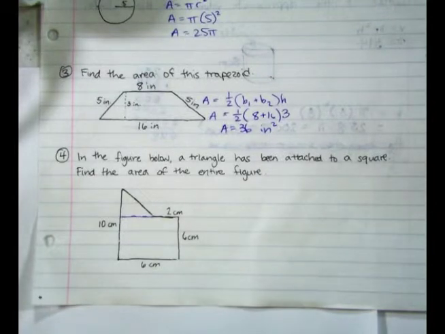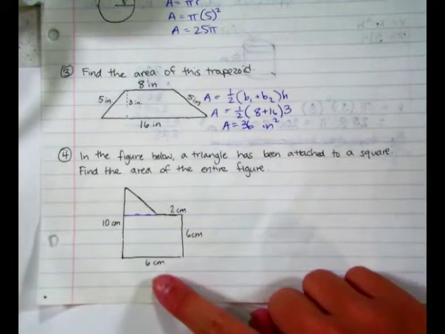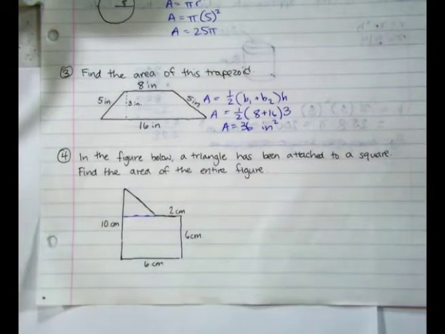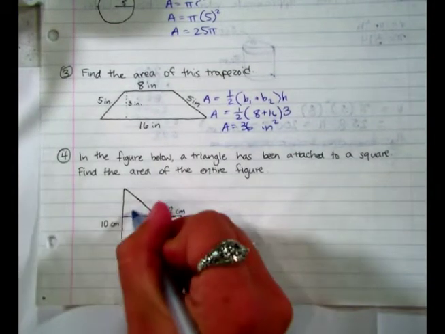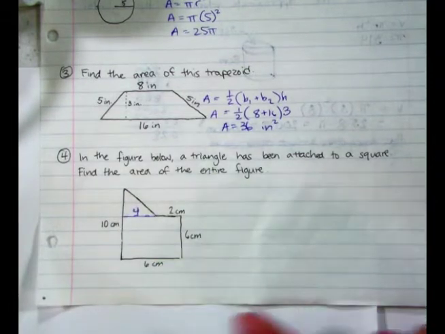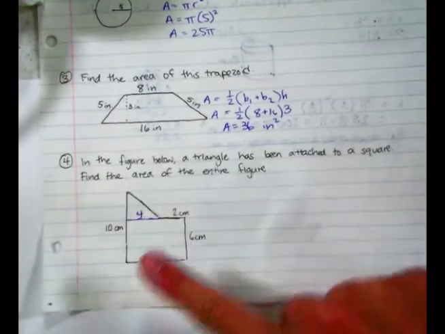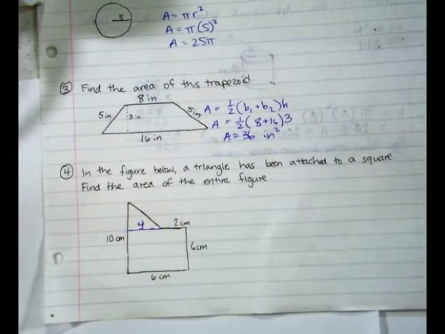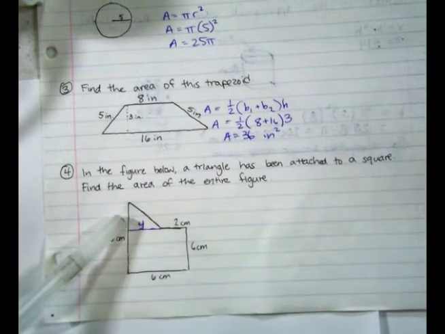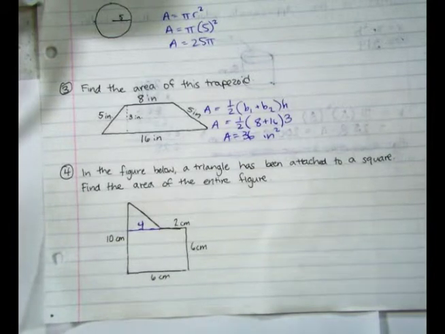Okay, so how do we find the dimensions of the triangle? Well, if the top little section right here is 2, and this whole thing is 6, that means that must be 4. Right, and how did you get that? Because this is a square, this side is going to be equal to that side. Perfect.